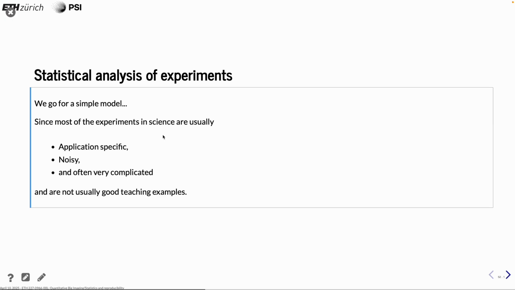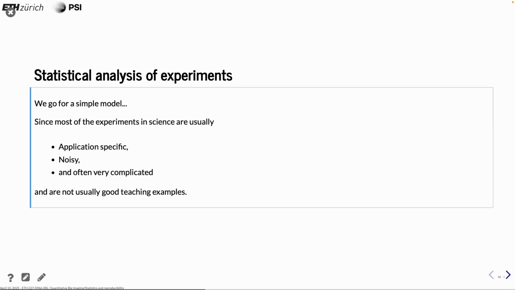Now we talked about uncertainties and how to do experiments, but the next step is actually to make a conclusion from it, and then we come to the statistical analysis, and we have to start with some simple model.